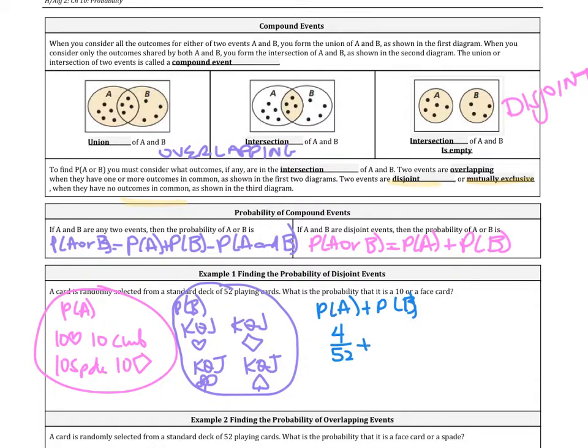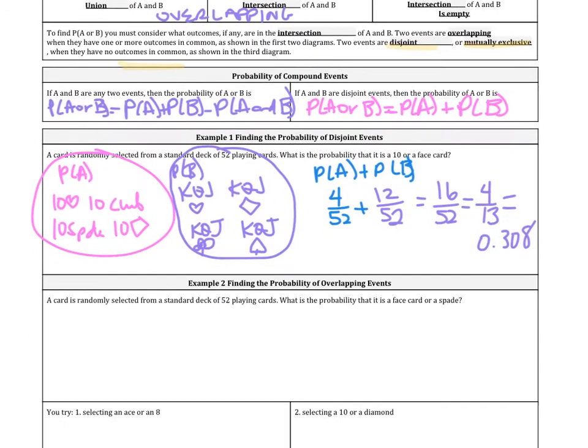Plus the probability of B: we have 4 suits times 3 of these cards, so 4 times 3 is 12 out of 52. Then you add them together, it's 16 out of 52, or 4 out of 13, which is 0.308.